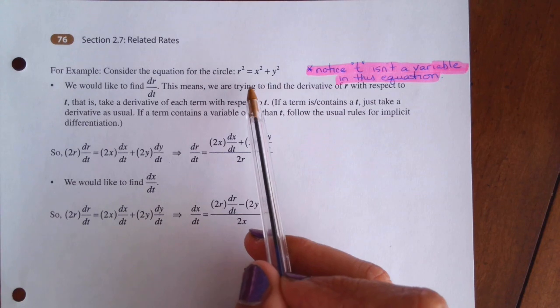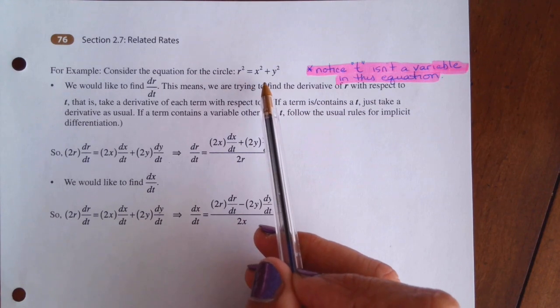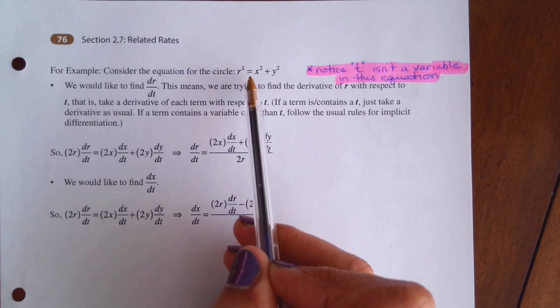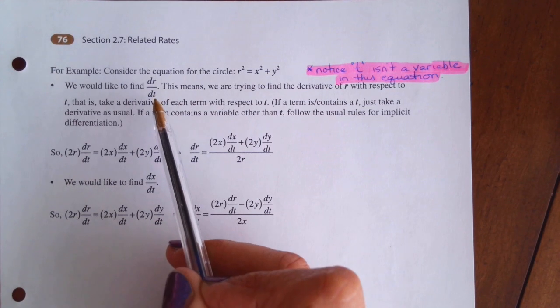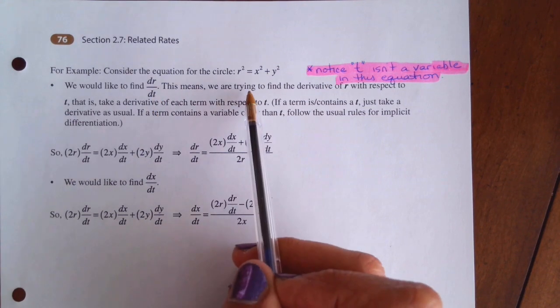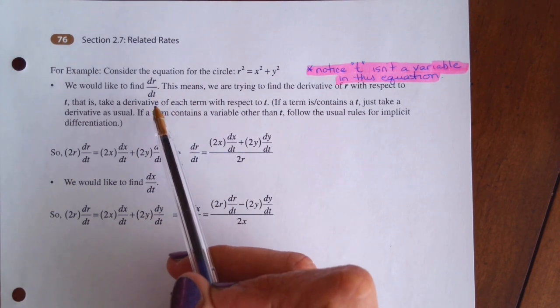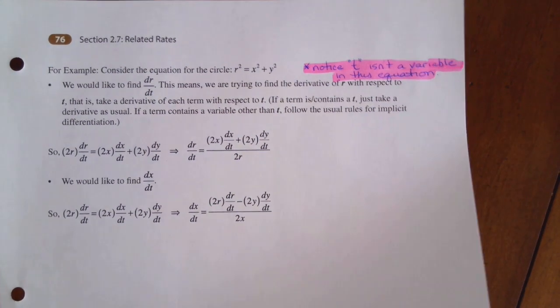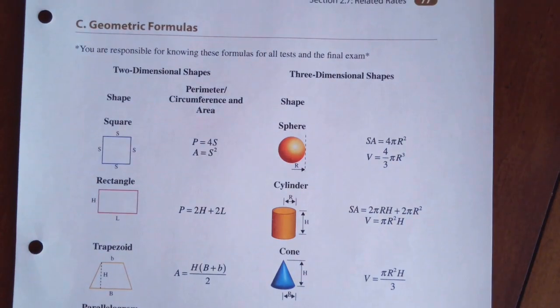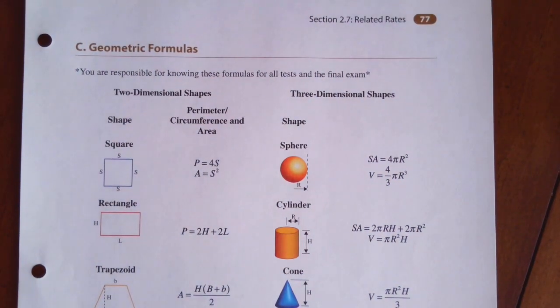That has no bearing on what you're doing. Now the top variable obviously has to be in there because that's what you're going to solve for. But again, most everything we're doing in here is going to be with respect to t because we're doing these related rate problems. Okay. All right, so on the next page was all your formulas.